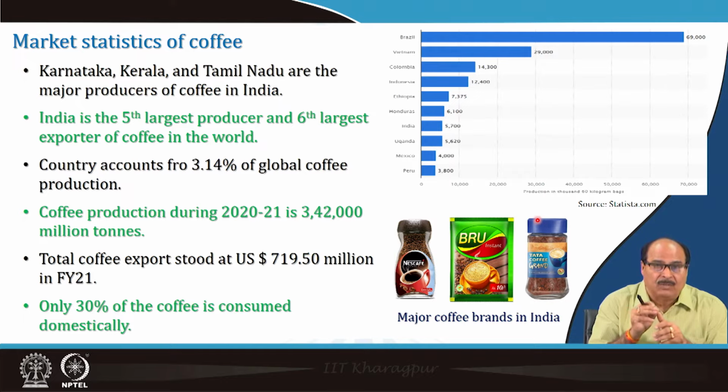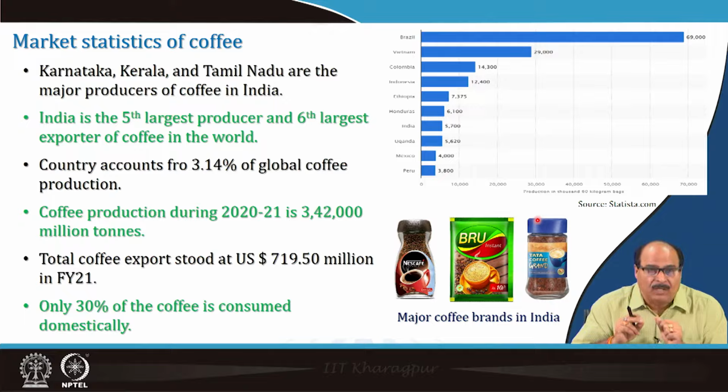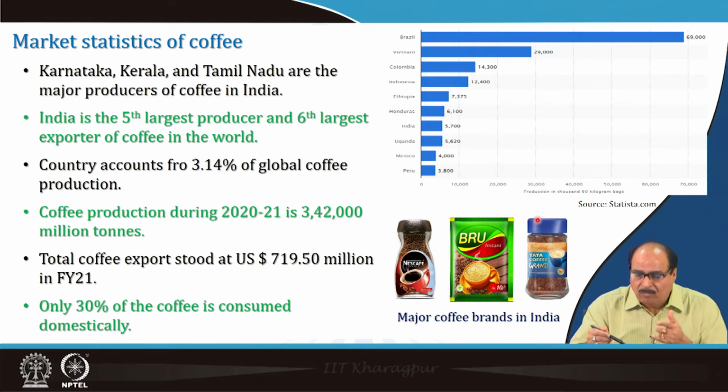Coffee production during 2021 was 3,42,000 metric tons. Total coffee export stood at $719.5 million in financial year 2021. But only 30% of the coffee is consumed domestically. The three major brands of coffee in India are Nescafe, Brew and Tata Coffee.